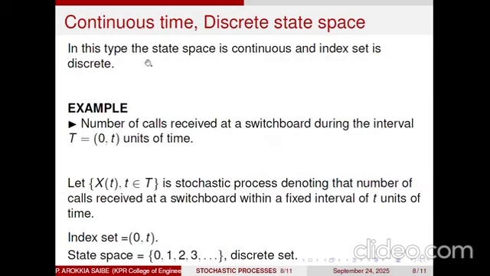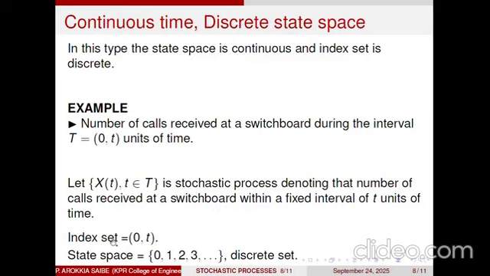Now the next type is continuous time and discrete state space. So here the stochastic process is the number of calls received at the switchboard during the interval 0, t units of time. So this stochastic process is denoting the number of calls received at the switchboard within the interval of 0, t.